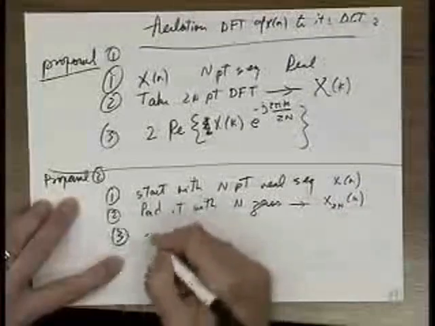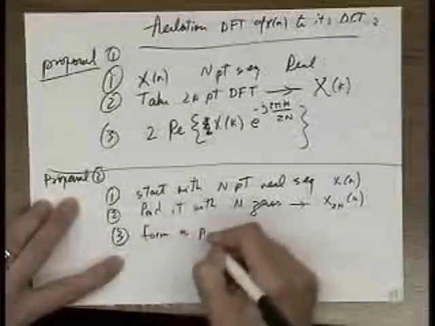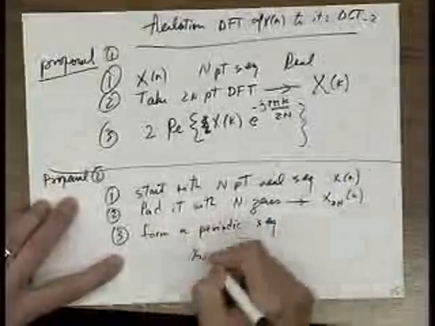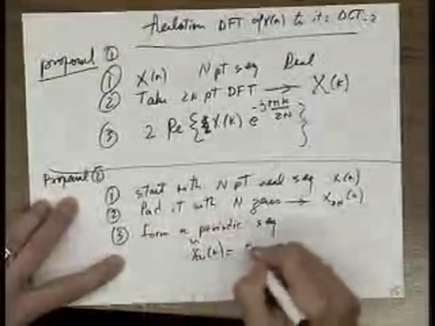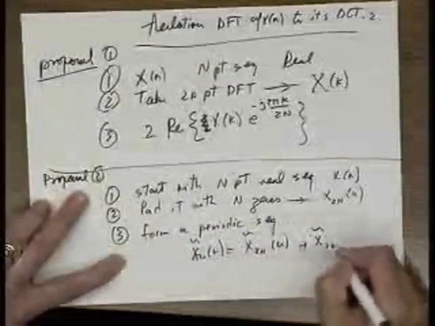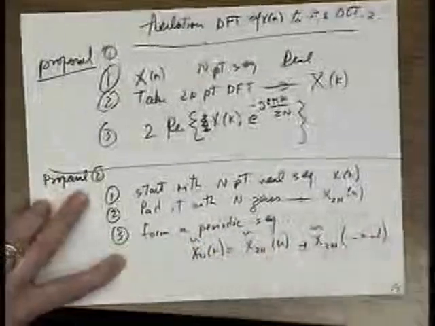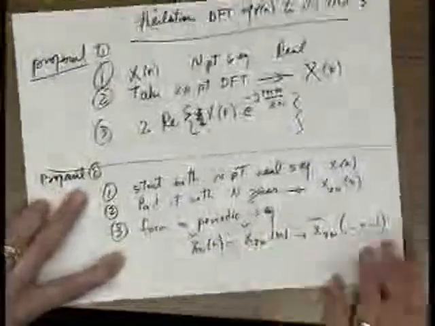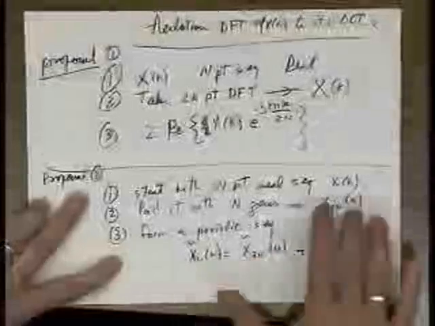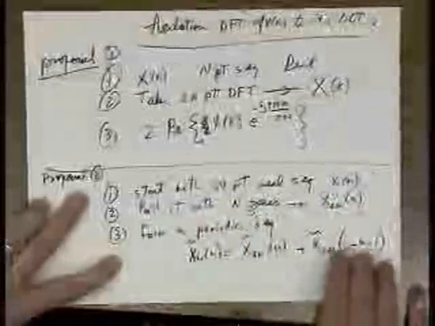And then I form a periodic sequence, which is x2 of n, which is just x tilde 2 of n plus x tilde 2 of minus n minus 1. This is the flipping over that I was talking about. Okay? You pad it with zeros and then you add it with that.